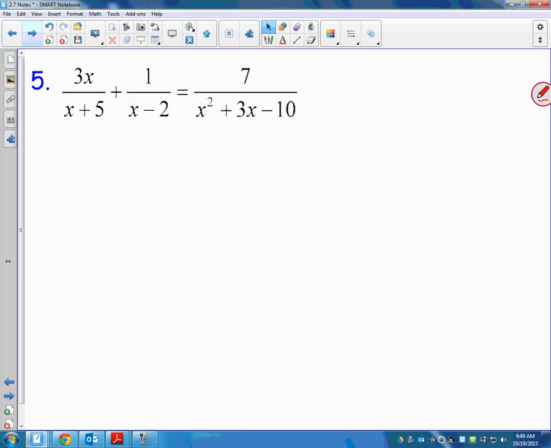Factor first on the bottom. As you write this down, I'm not going to do this yet, but factor that other side and see if you can get that to work out to something.